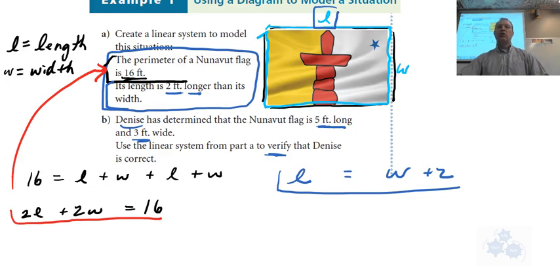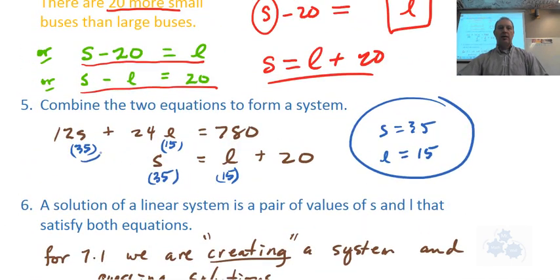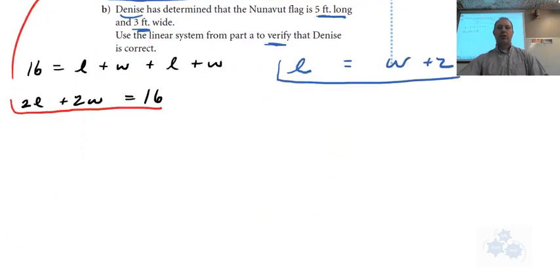So this is what we do. If you remember from our example before, we have to pick a solution and check to see that it fits both equations at the same time. So that's what we're going to do. Let's say that 5 is L and 3 is W.